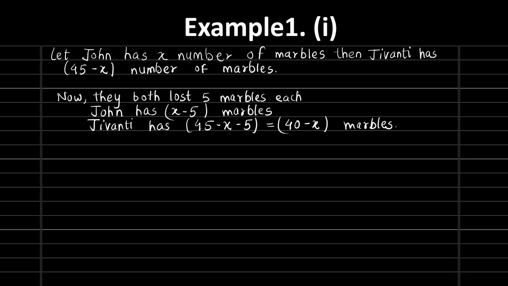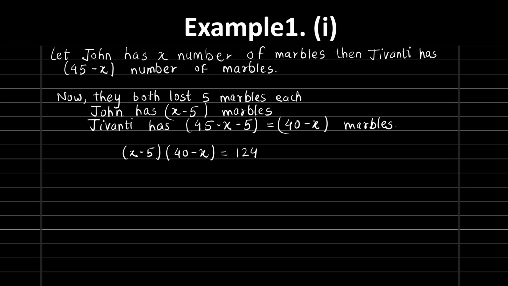Now, according to the question, the product of the number of marbles they have now is equal to 124. So let's write down (X minus 5) into (40 minus X). X minus 5 is the number of marbles that John has now and 40 minus X is the number of marbles that Jivanti has now. Their product is equal to 124.